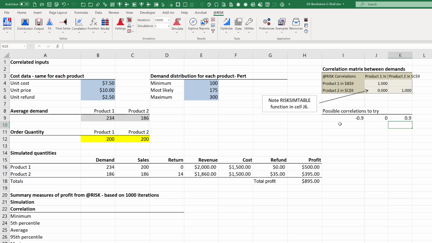And then use the RiskSimTable function in here, where you'll tell @RISK to try these 3 different correlation values, and for each of them run the simulation, right? So here we need to go and set up RiskSimTable, and the values must come from here.